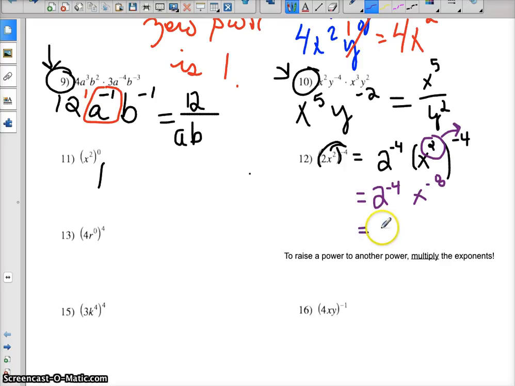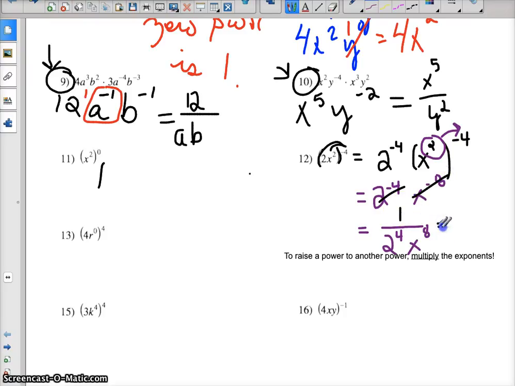Let's see how you did. 2 to the negative 4 moves from the numerator to the denominator and becomes 2 to the positive 4. X to the negative 8 moves from the numerator to the denominator and becomes x to the positive 8. Because both bases cancel, our numerator reduces to 1.